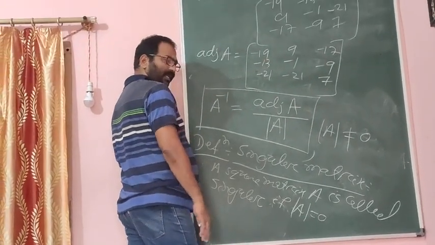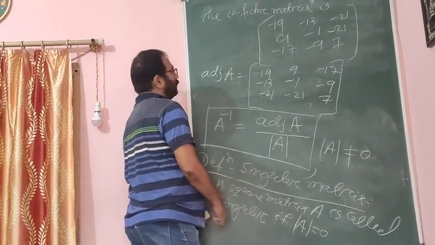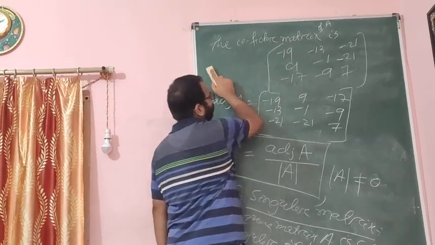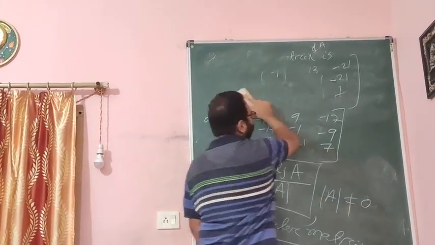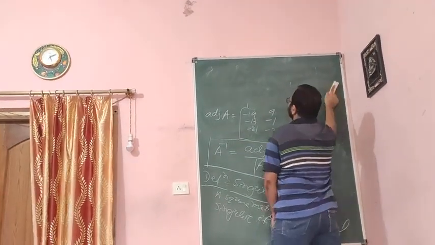So singular means the determinant is equal to 0, and it is called non-singular if the determinant is not equal to 0.